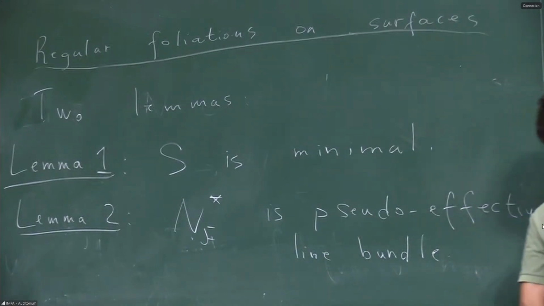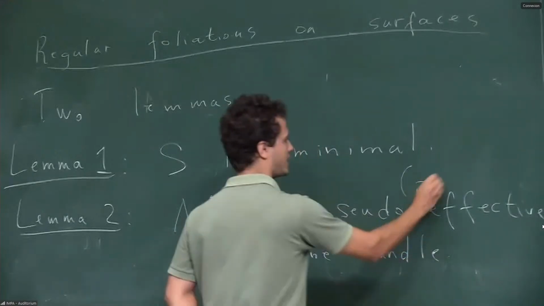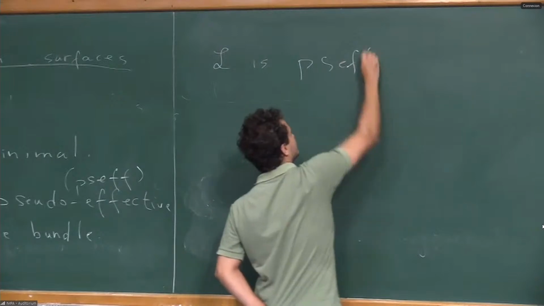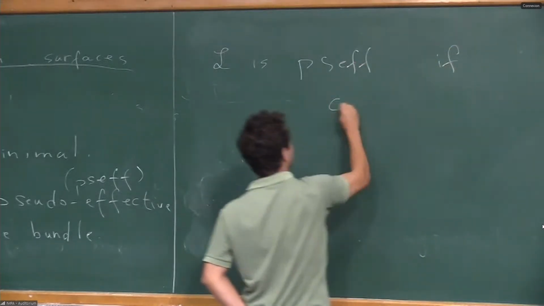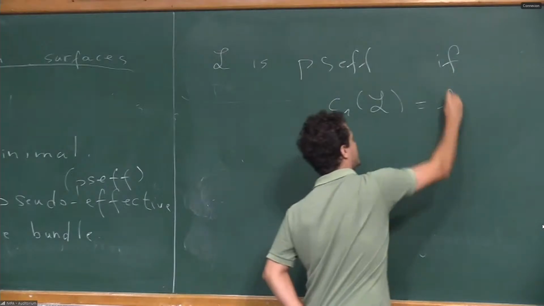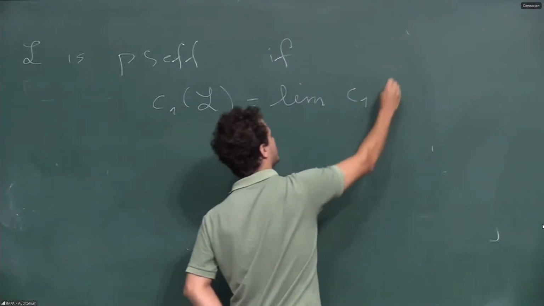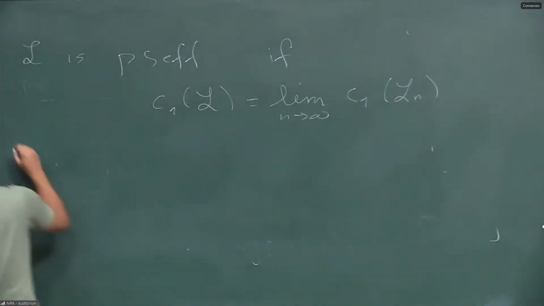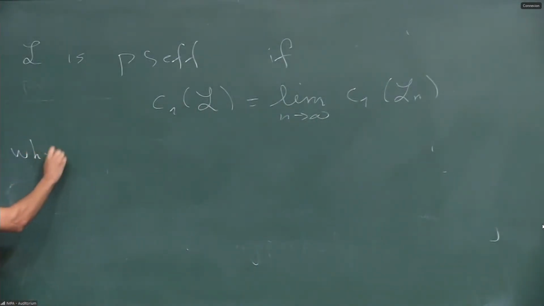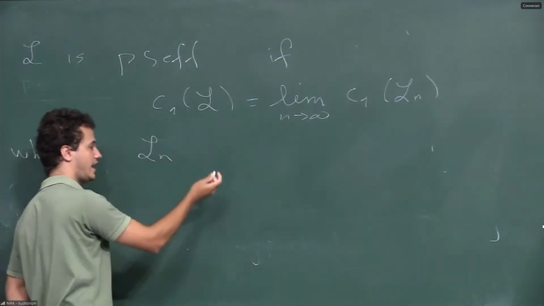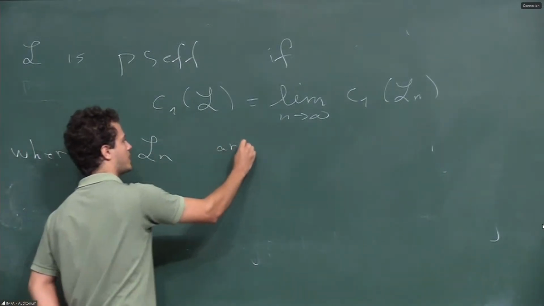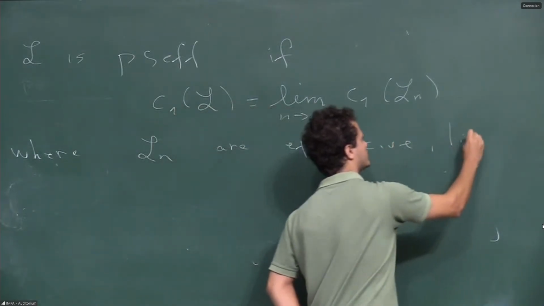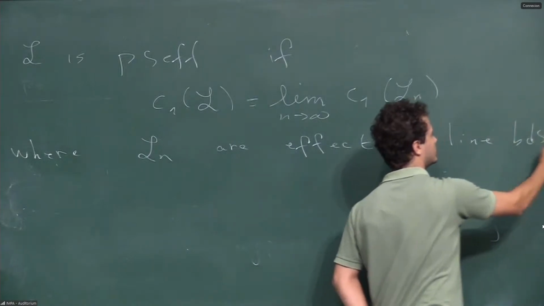L is, let me abbreviate this to PSEF, PSEF if c_1(L) is the limit of c_1(L_n), where the L_n are effective line bundles. Okay?